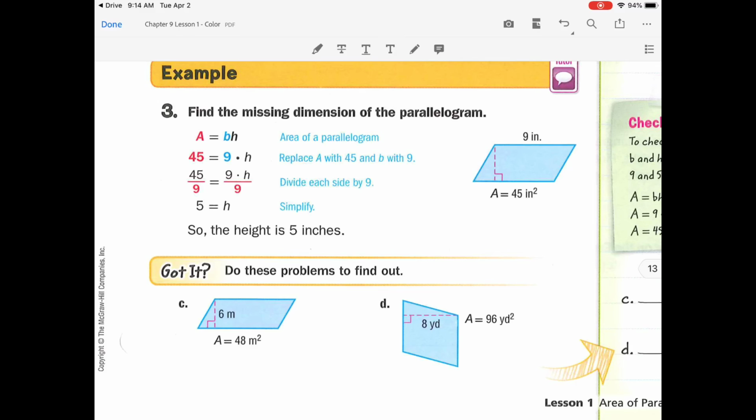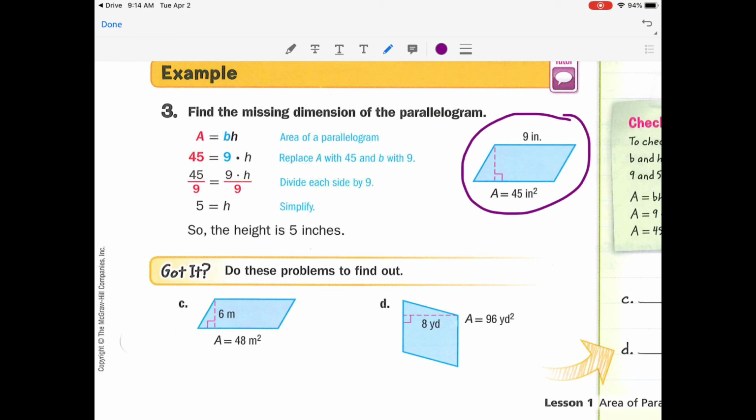Okay, so let's take a look at this example for number 3. It says, find the missing dimension of the parallelogram. Area, A equals base times height. If we're looking at this right here, we notice that we have the area, we have our base, but what are we missing? We're missing our height. We don't have a dimension of that.